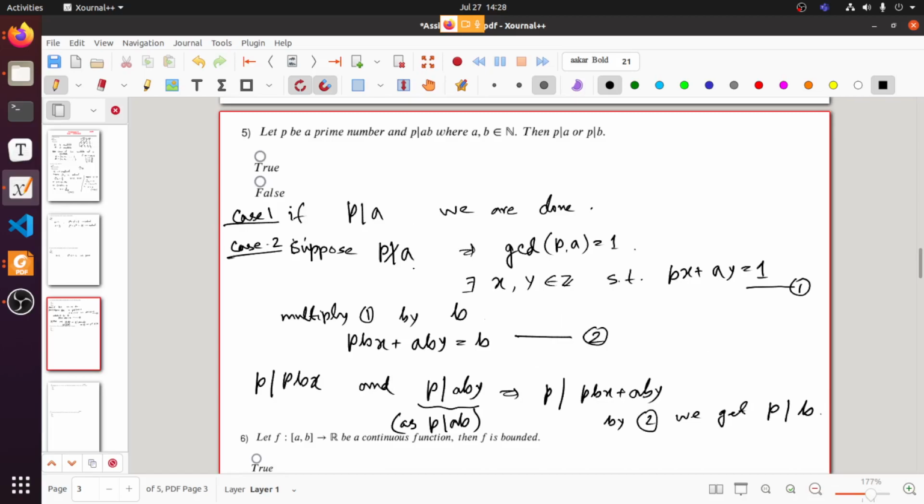So if p divides ab and p does not divide a, then p divides b. So we are done, so it will be true, right?